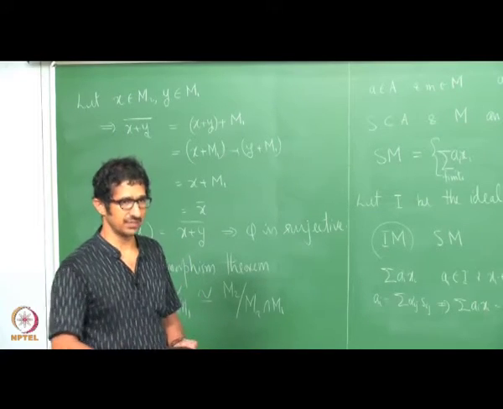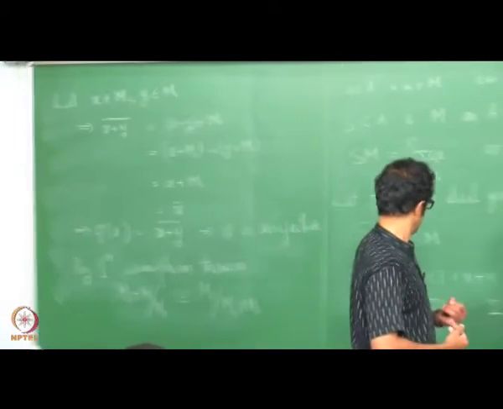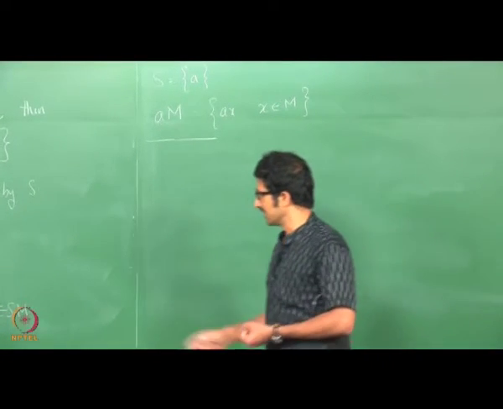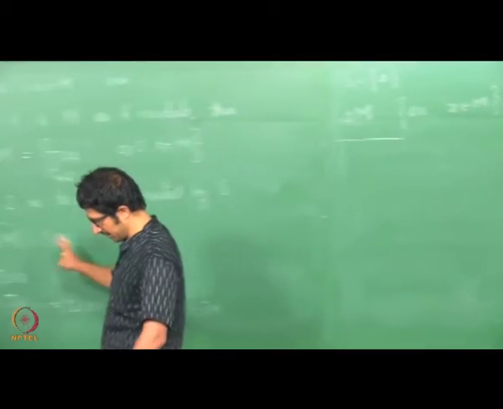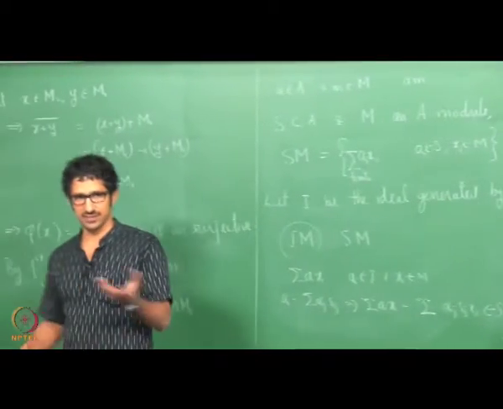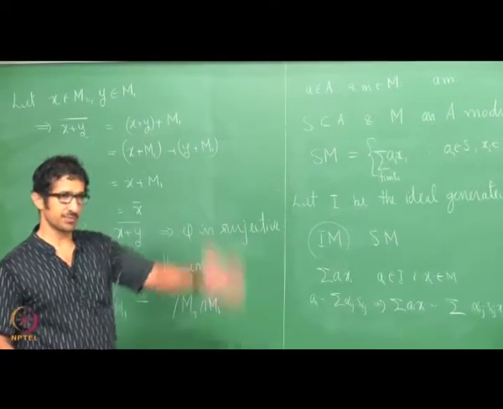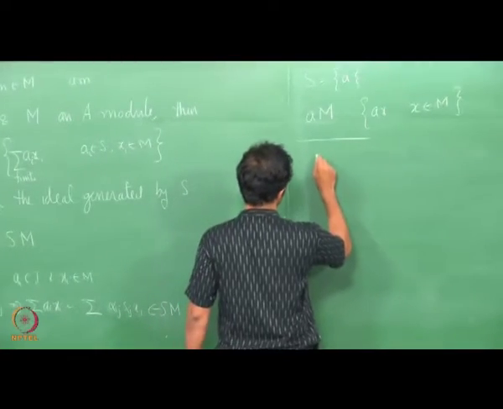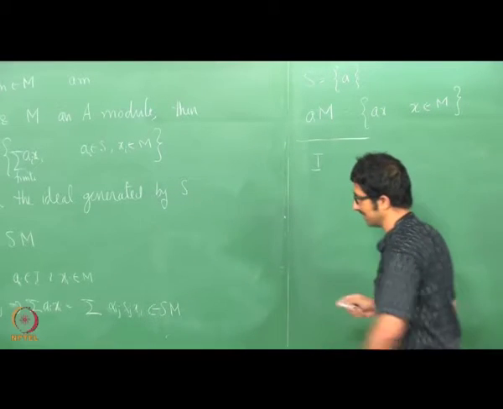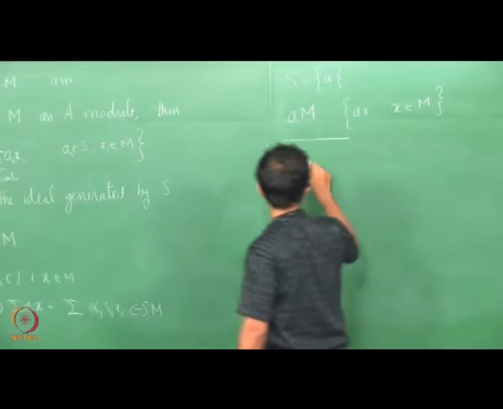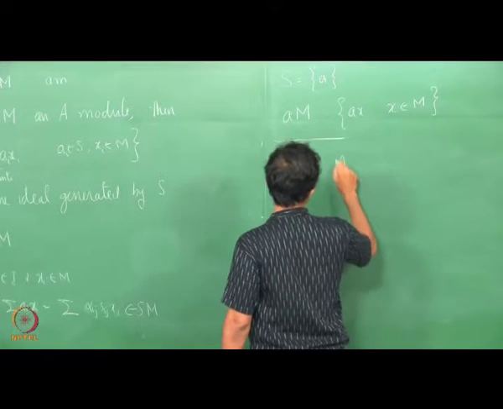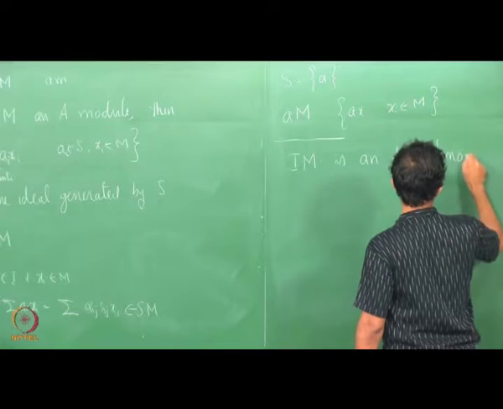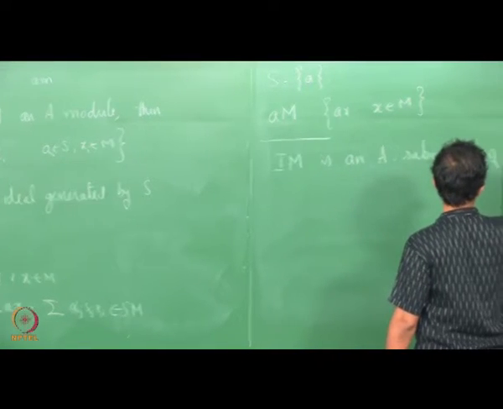So, additive inverse is there, additive identity is there, its addition is abelian, it comes from the module itself and so on. And scalar multiplication again is a straightforward verification. So, one can see that IM is an A-submodule of M.